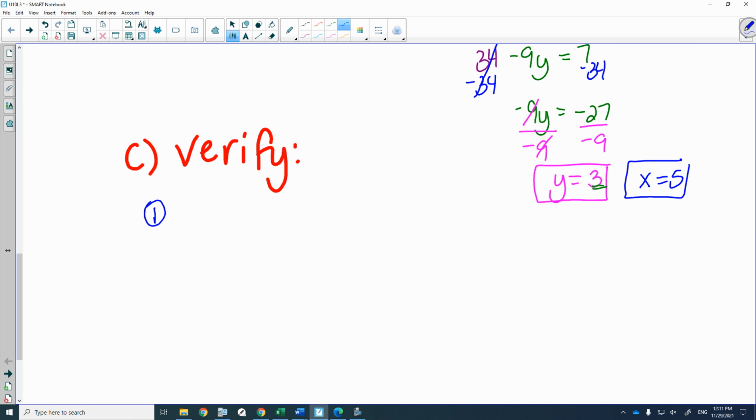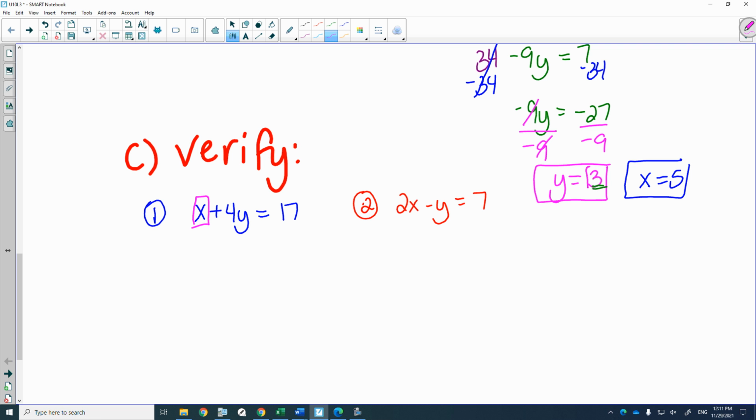So the first system, without manipulation, was x plus 4y equals 17. My second system was 2x minus y is equal to 7.